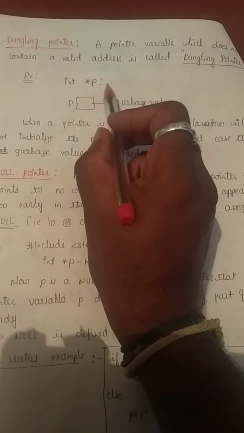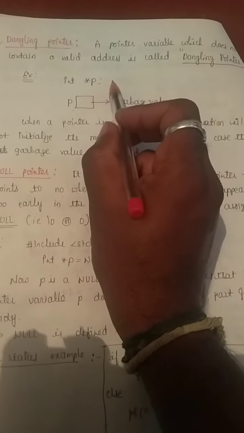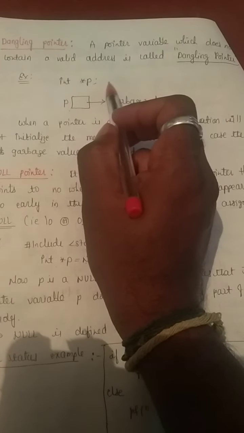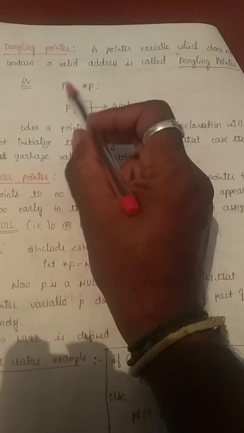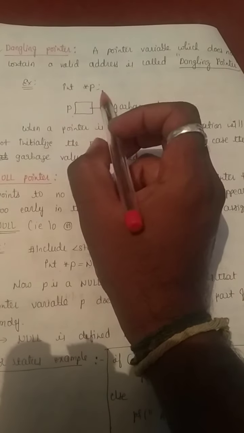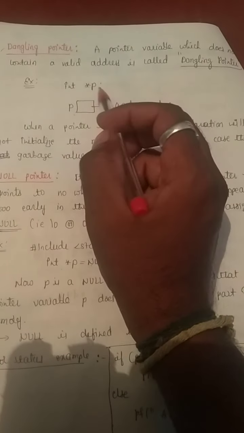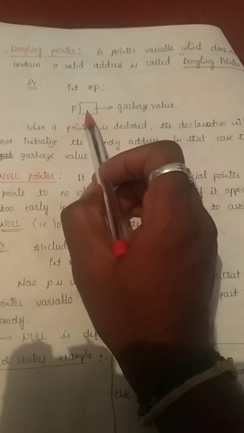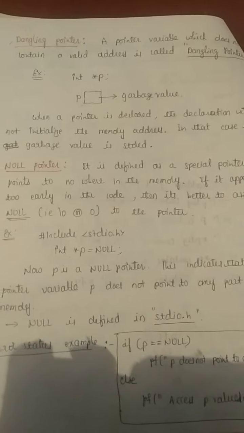When we declare a pointer and it has no address, unlike in the previous example where we assigned &y and &x, here we are not assigning any valid address. These pointers have no valid address, so some garbage value or address is going to be occupied by this pointer. So we call these dangling pointers.